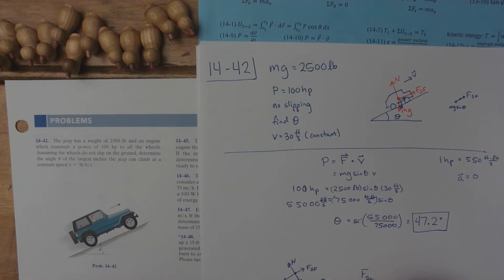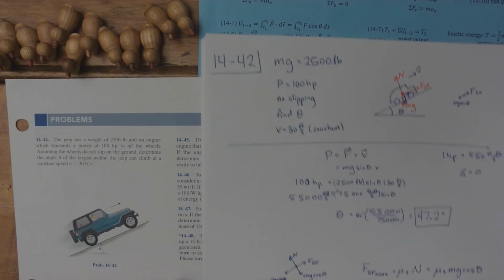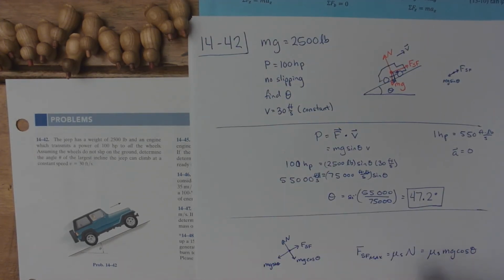I know the maximum value for the force of static friction is equal to the coefficient of static friction times the normal force, and in this case, because there's no acceleration at all, the normal force is equal to mg cosine theta. So I have the maximum value for the force of static friction is equal to the coefficient of static friction times m times g times cosine theta.